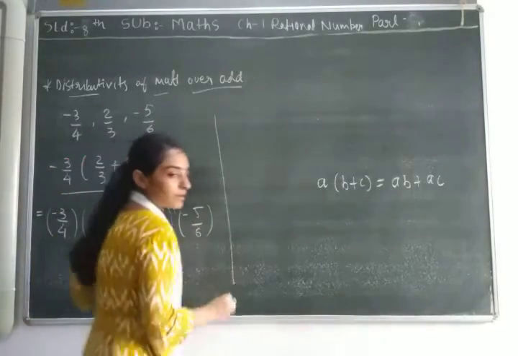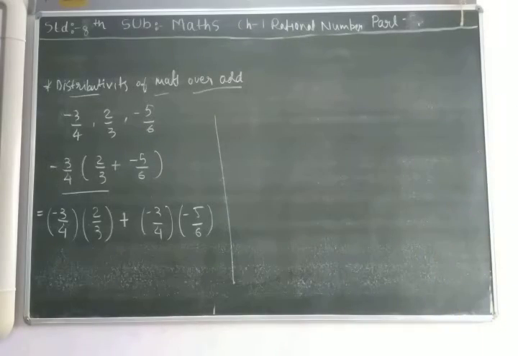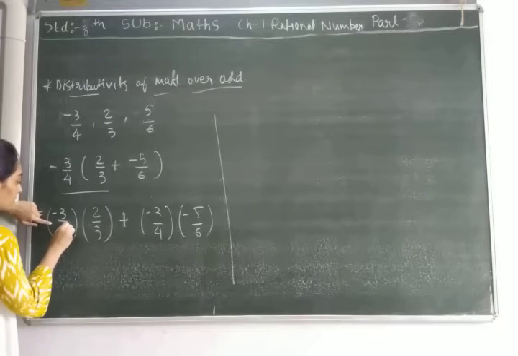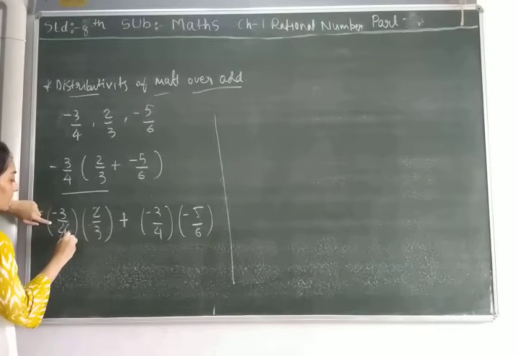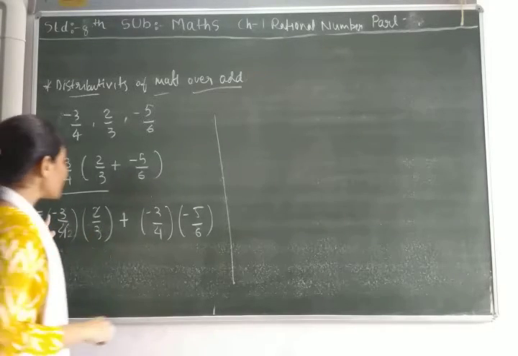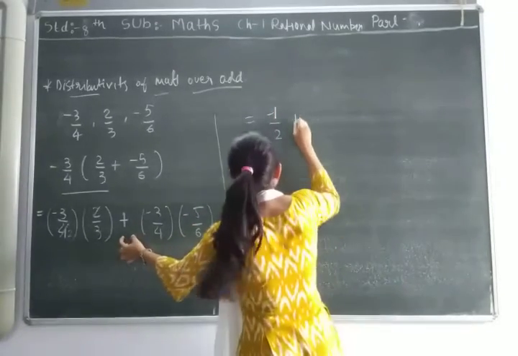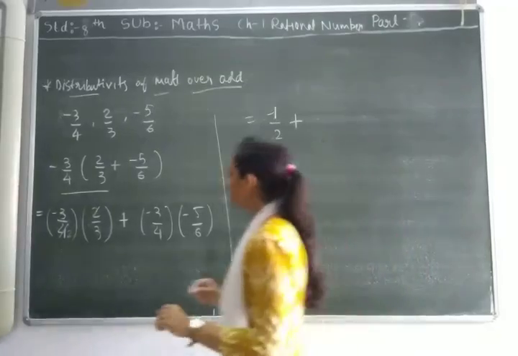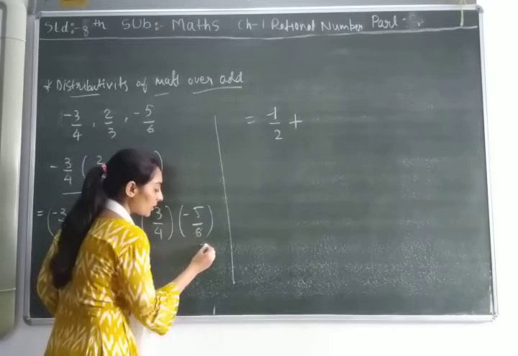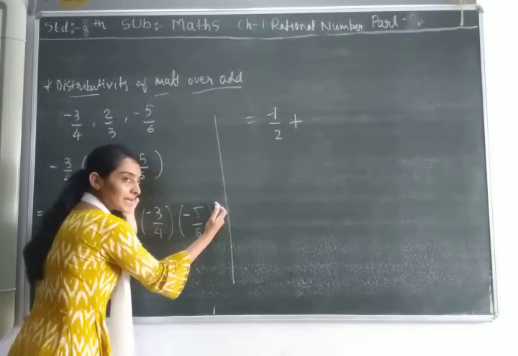Okay. Now just simplify it here. 2 gets cancelled. What remains is 2. 3 gets cancelled. Okay. So what remains over here is minus 1 upon 2 and this addition sign. Again look over here. Here minus 3 and 6. What remains is 2. Again minus minus, both signs are in multiplication.